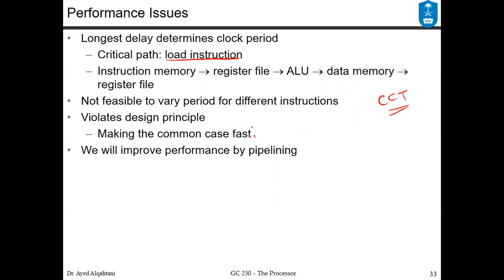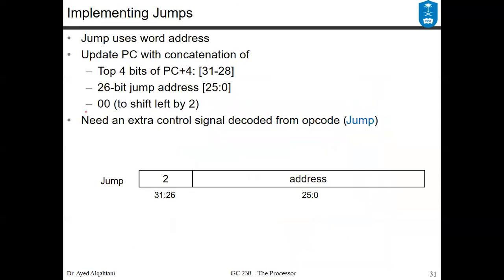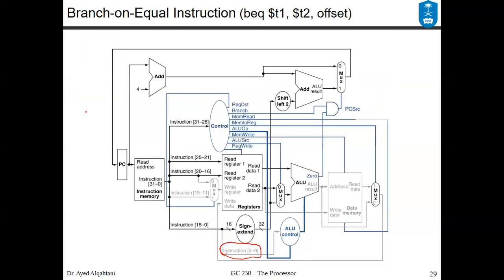Now, the disadvantage of this data path is that if you have one of the instructions, let's say a branch instruction, it will hold all the architecture, even if you are not using it. For example, you are not using the data memory, but you hold it.